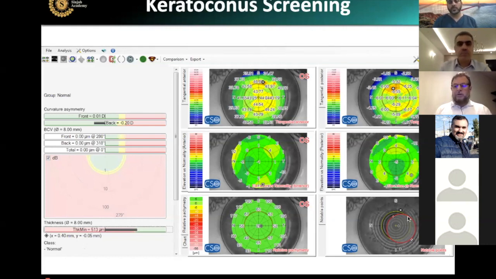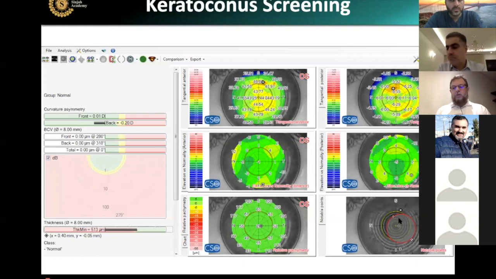Now, this red circle, very briefly, is the border of the landmarks of many points, such as thinnest location, highest elevation on the anterior elevation map, highest elevation on the posterior elevation map compared with the normative data, thinnest point in the relative thickness map as well, highest point in the tangential map. So all of these points are landmarks. So this circle is the border that gathers all those landmarks.